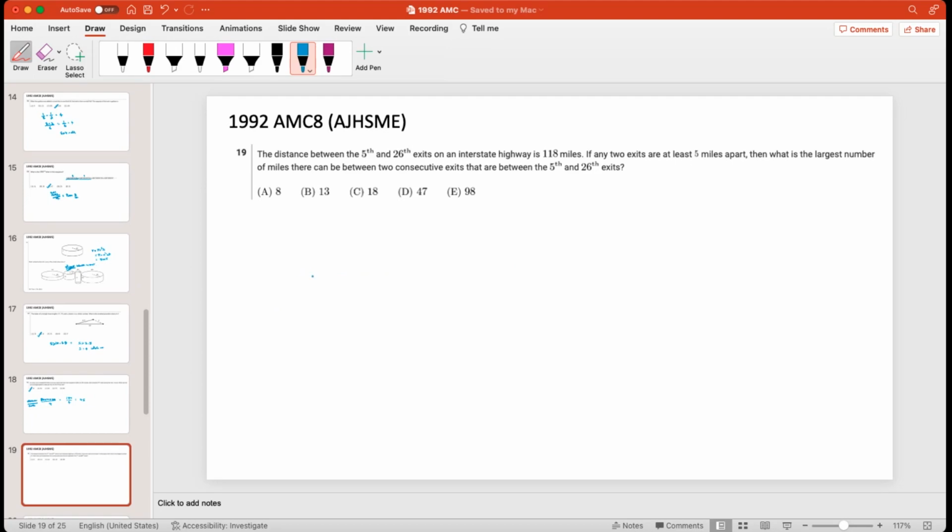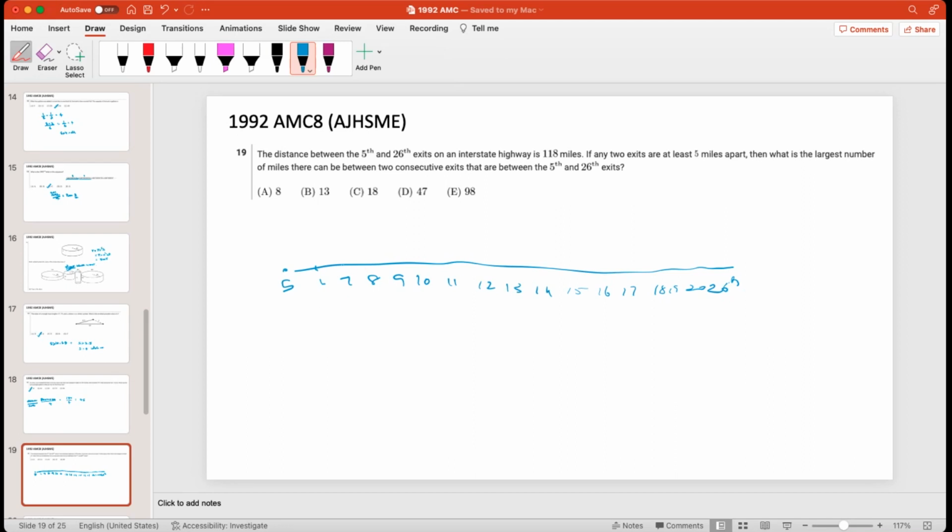The distance between the 5th and 26th exits on an interstate highway is 118 miles. So this is the fifth exit. Then we have a line. This is the 26th exit, right? So in between you have these exits 6, 7, 8, 9, 16, 17, 18, 19, 20, 26.